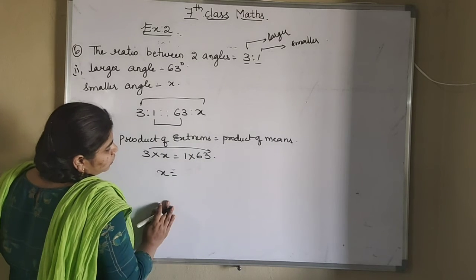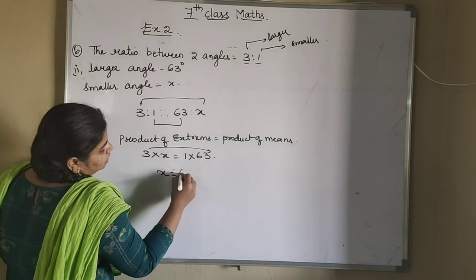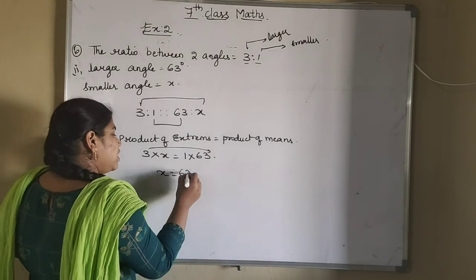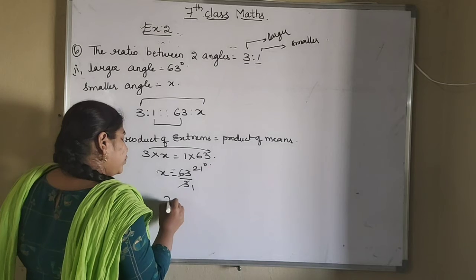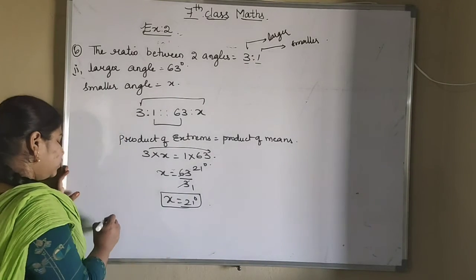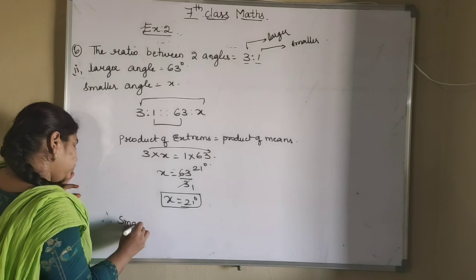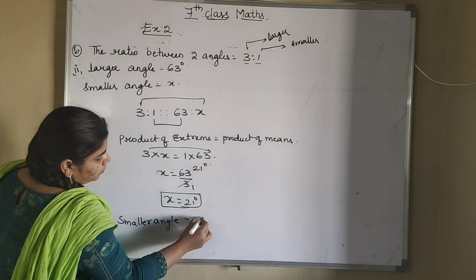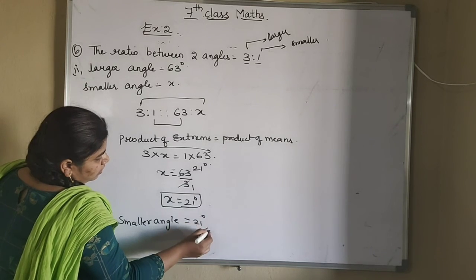So x is equal to 1 into 63, which is 63 itself, by 3. 3 21s are 63. So what is the smaller angle here? 21 degrees. Therefore, smaller angle is equal to 21 degrees.